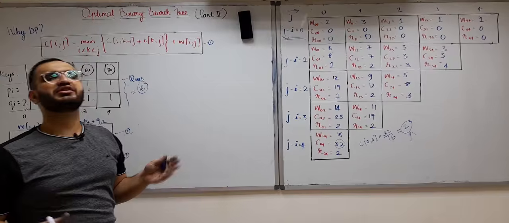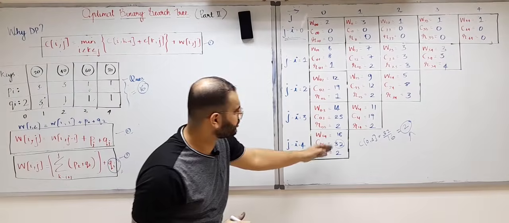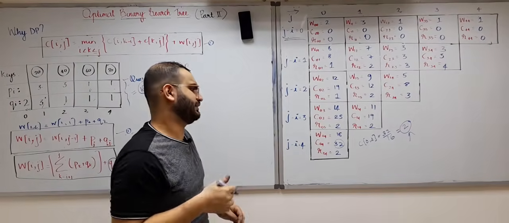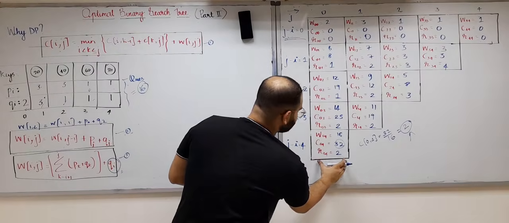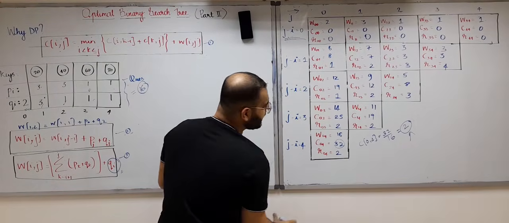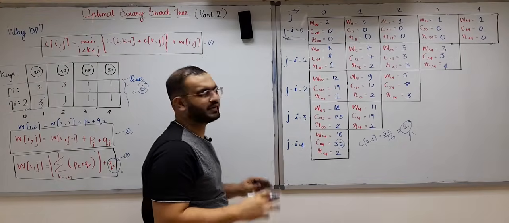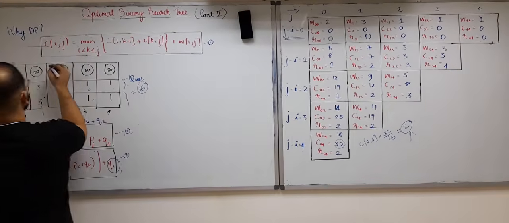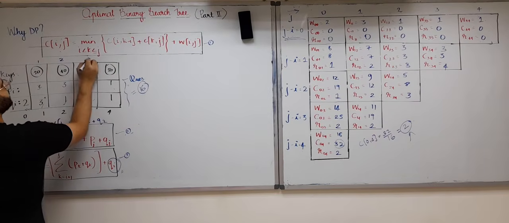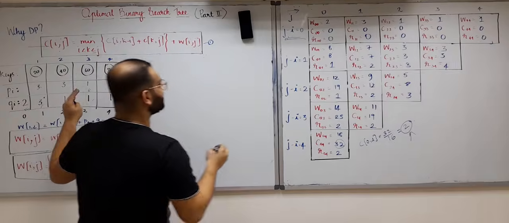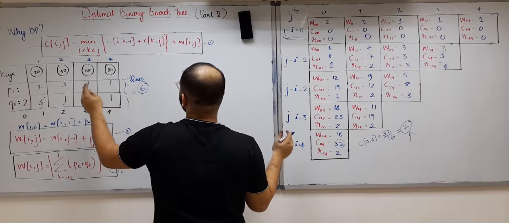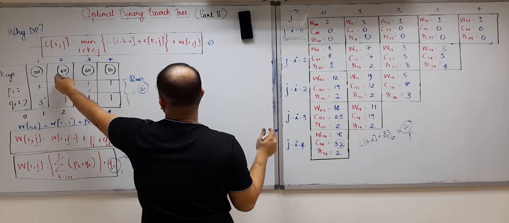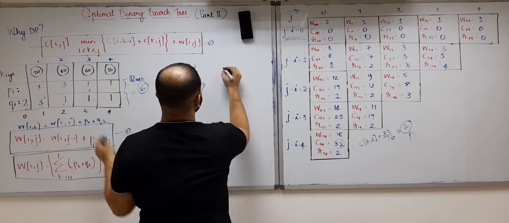So can we find out the structure of our optimal binary search tree through this table? Yes, we can. So this is our optimal binary search tree and its root is 2. That is what we know. So if we do the numbering over here, this is 1, 2, 3, 4. So we know that the root of our optimal binary search tree is 40 because the second key is 40.